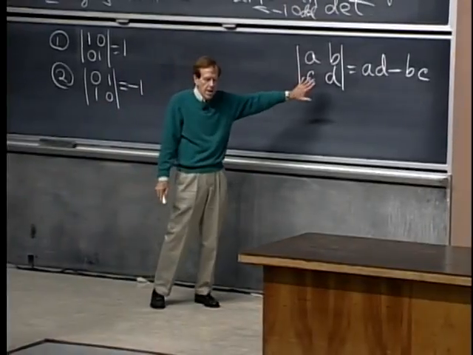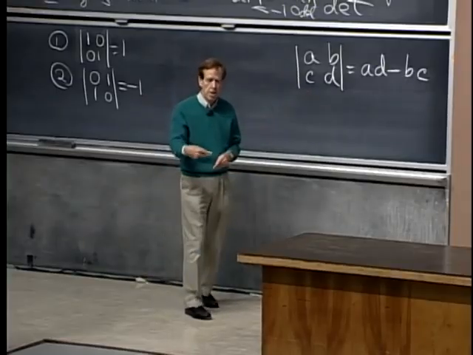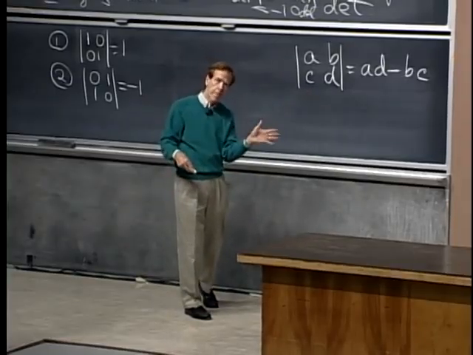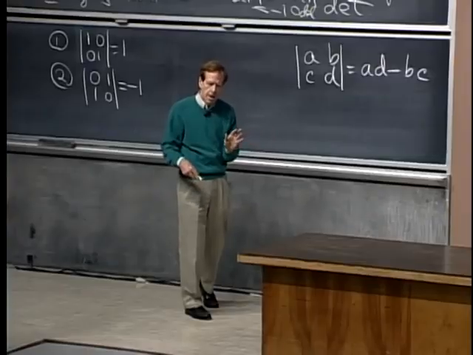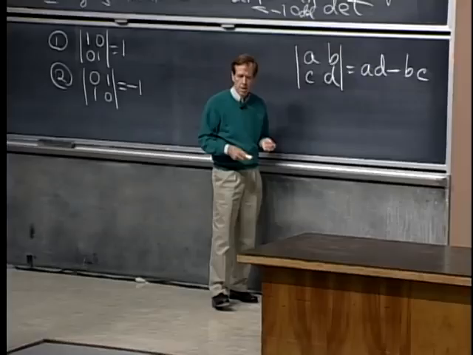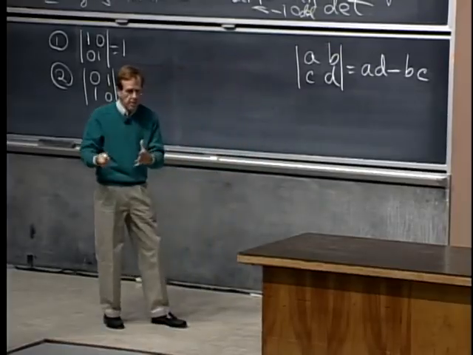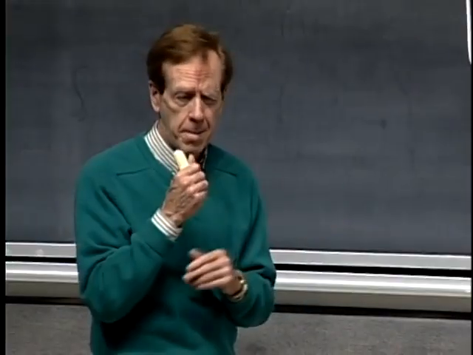Okay. I'm going to leave that up as the 2 by 2 case that we already know, so that for every property I can check that it's correct for 2 by 2s. But the whole point of these properties is that they're going to give me a formula for n by n.